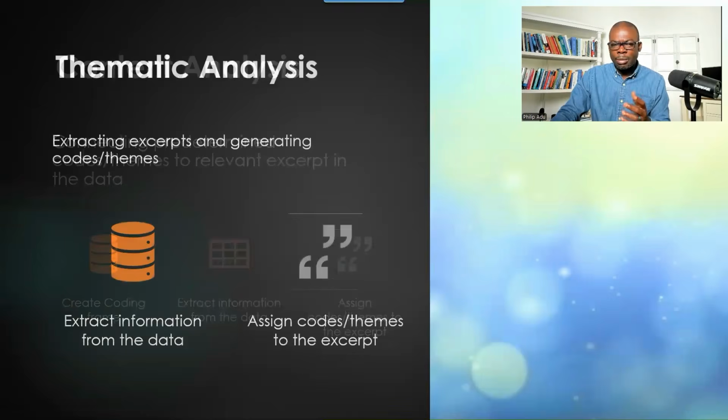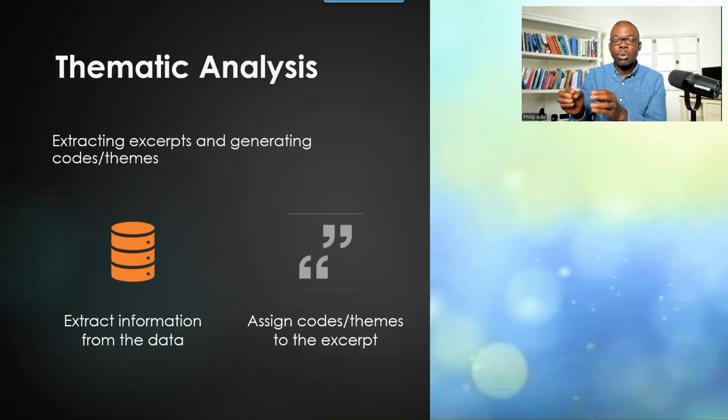It's quite different from thematic analysis, because in thematic analysis, you go through the data first, identify information that is significant, and then develop codes or themes. You connect the significant information to the codes or themes that you have created.